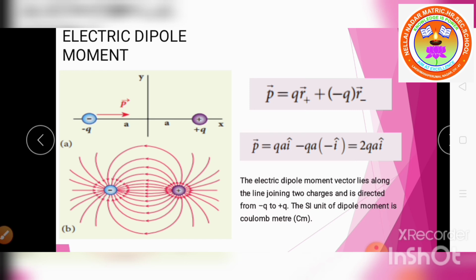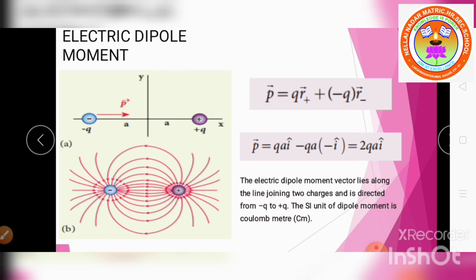When two charges are placed along the x-axis, y-axis or z-axis, the direction of the dipole moment is from the minus Q charge to the plus Q charge. This direction is very, very important.